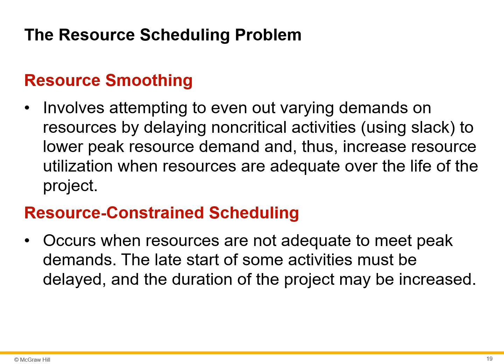On the other hand, if resources are not adequate to meet peak demands, the late start of some activities must be delayed, and the duration of the project may be increased. This process is called resource-constrained scheduling.